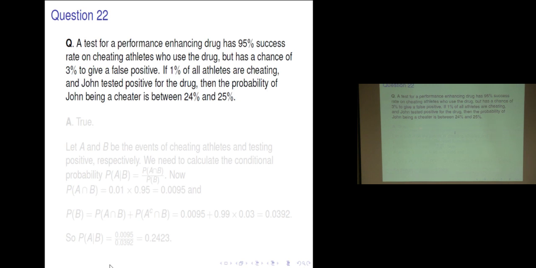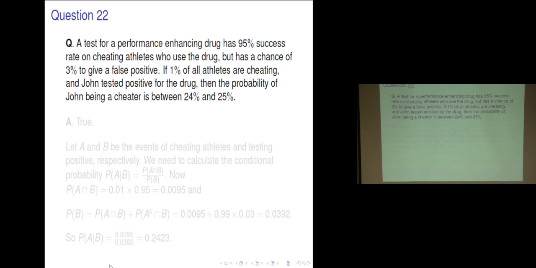So let me read the news story, but the mathematics behind it is the same as we learned. Okay, so the story is this. A test is for a performance-enhancing drug, right? It has a 95% success rate on cheating athletes who use the drug.